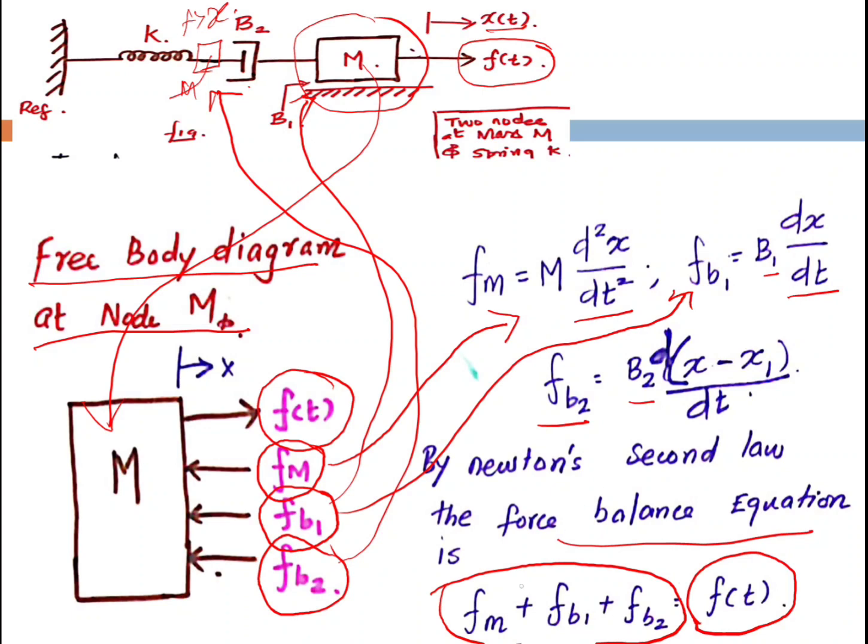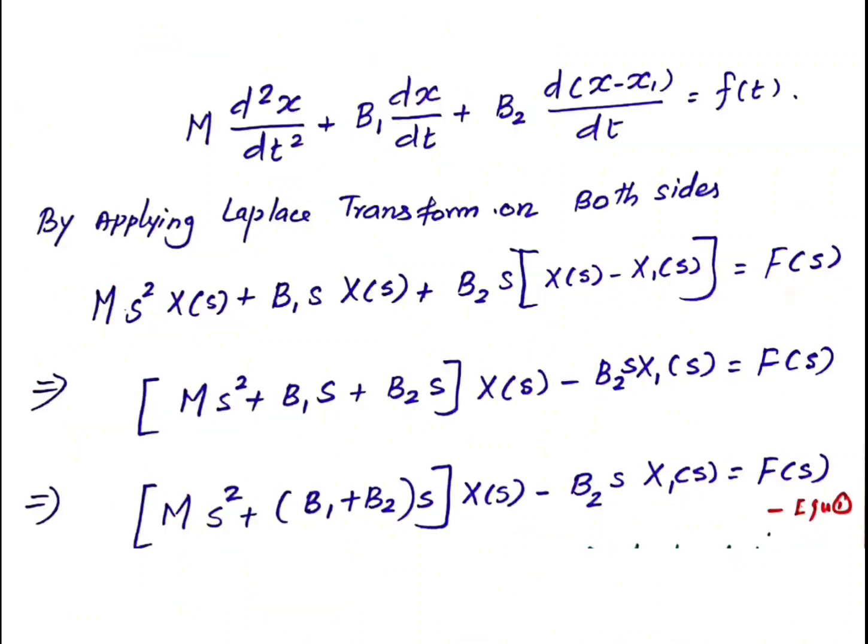Now we have to substitute the equations related to all these forces. When we substitute, we get m into d squared x by dt squared plus b1 dx by dt plus b2 d of x minus x1 by dt is equal to f of t.